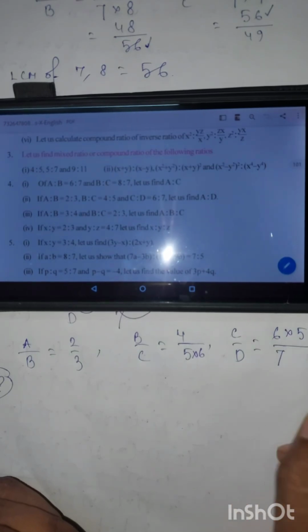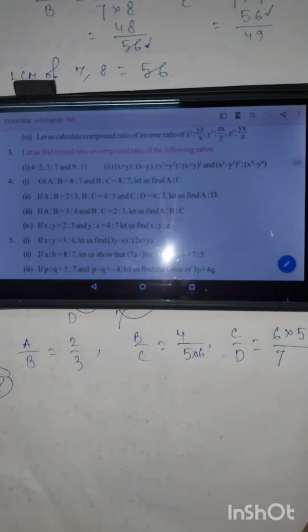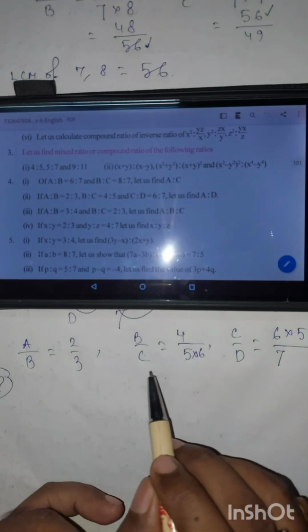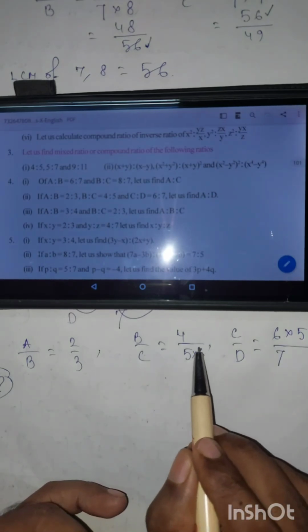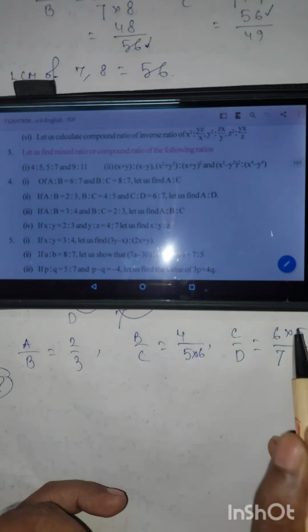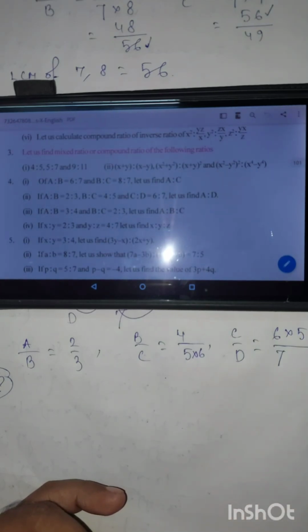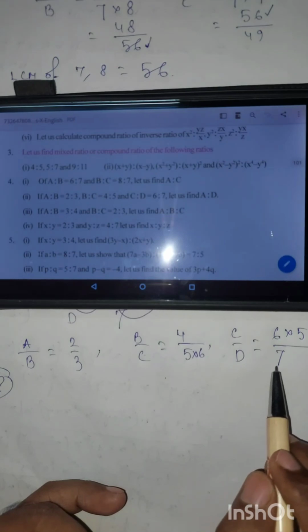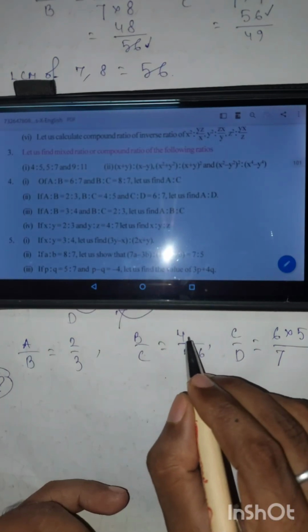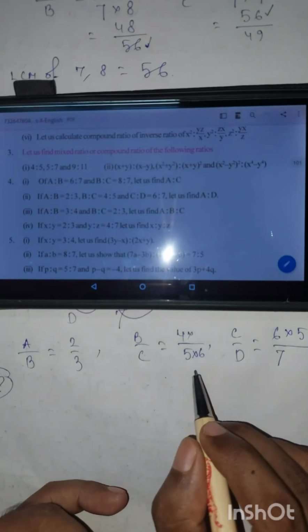Okay, so we can observe that the C part is balanced. C is 30 and C is 30. But to keep the ratios unchanged, we have to multiply the numerator also by the same number.